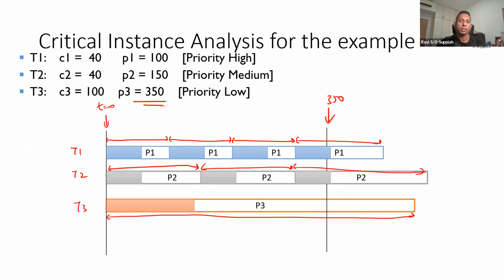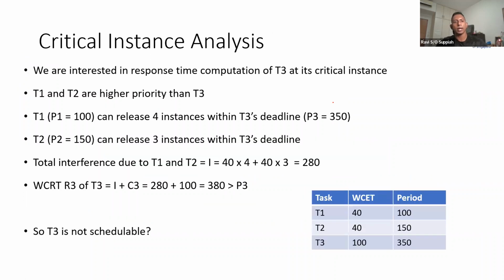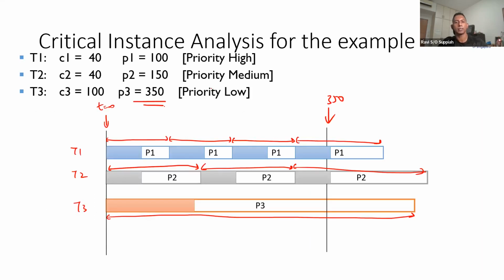So if I look at the timing periodic interval, you will see that task 1 has released 4 instances within the deadline. This is the first instance, second instance, third instance, and fourth instance. So before 350, task 1 has 4 instances.